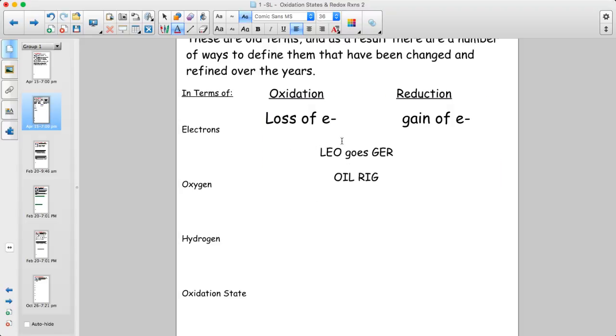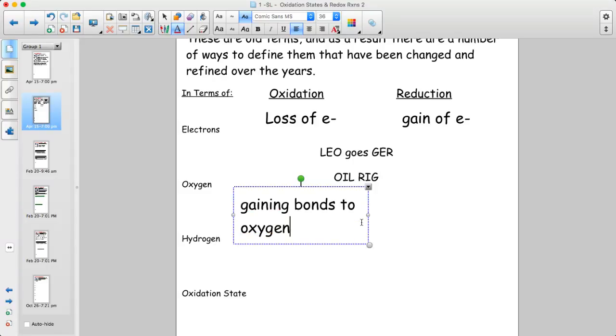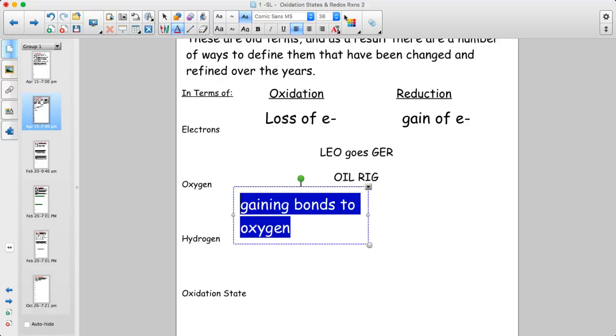There are other definitions, though. As you may have guessed, sometimes the definitions have to do with oxygen. So for oxidation, gaining bonds to oxygen is one way to define oxidation.